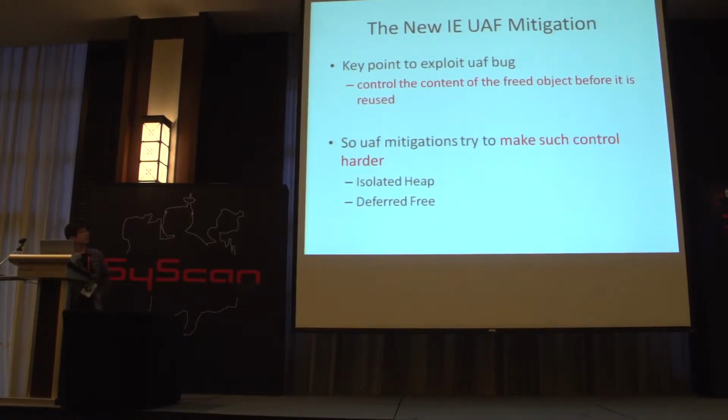So it's not difficult to notice that the key point of a UAF exploit is that the attacker must be able to control the content of the freed object with the content they want. So both of the two new IE UAF exploit mitigations focus on making this control step harder. Let's see how they do it.